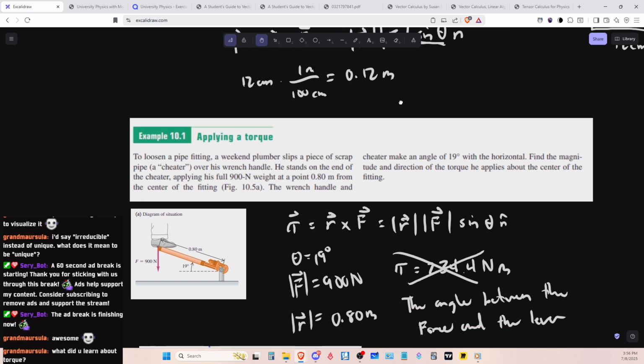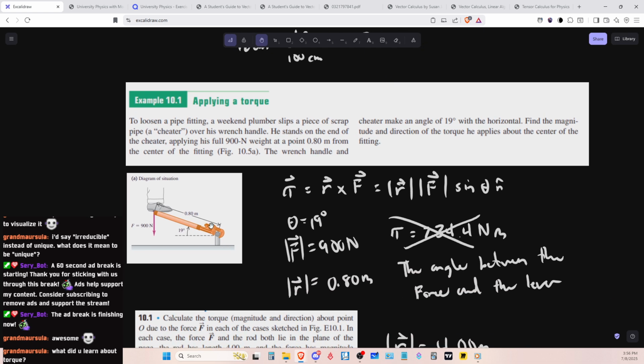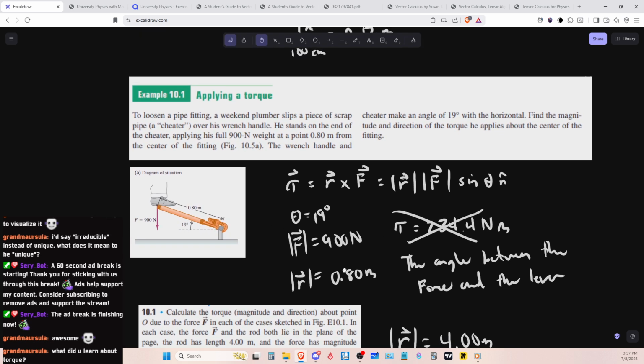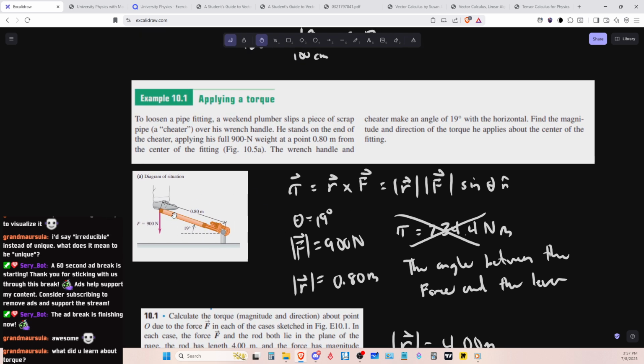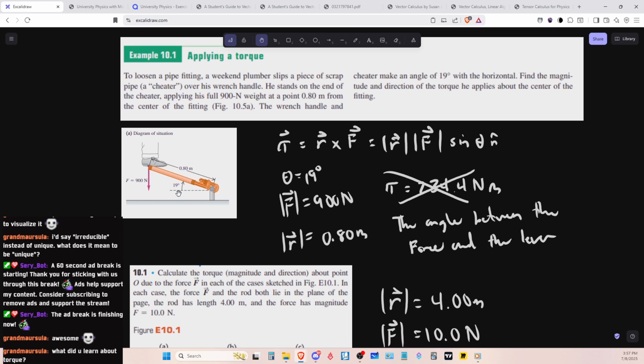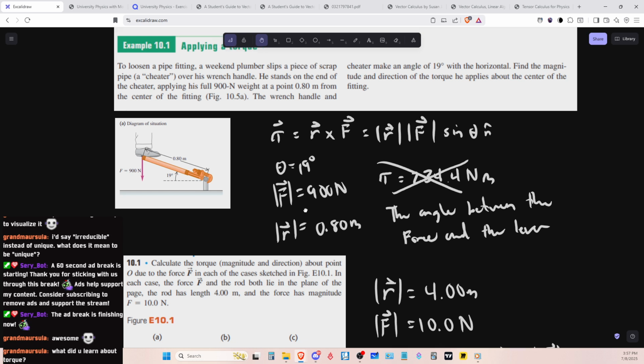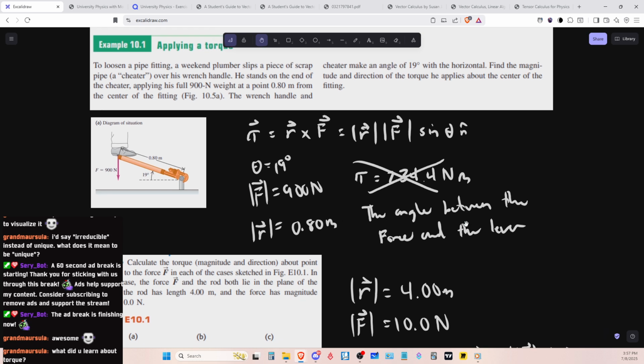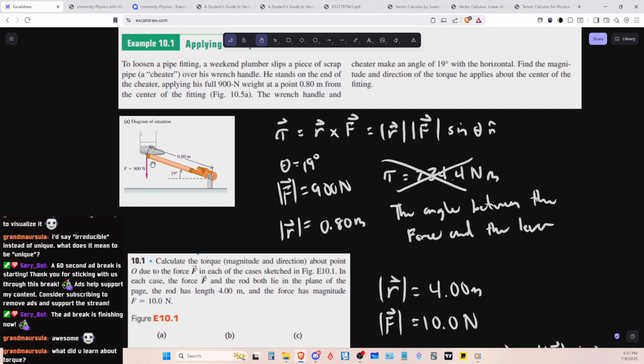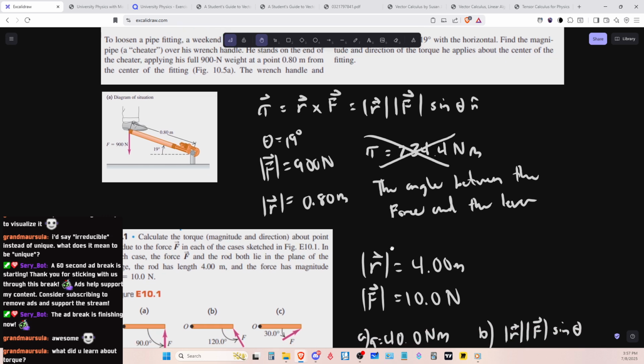And for this one it's the same thing, because I got the angle incorrect. The angle here is not the angle you use for the problem. I think the angle is like 71 here, and I had to think about it: the angle between the forces. This angle is with the horizontal, not with the arm here. We had to get this angle, not this angle, and that's what I learned.